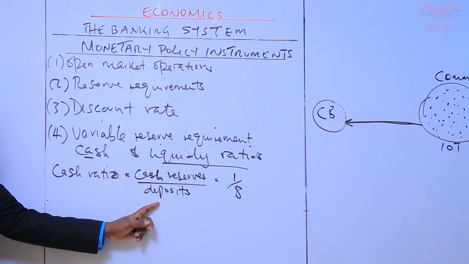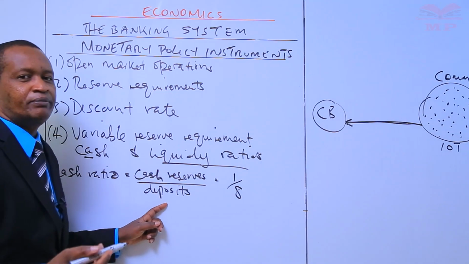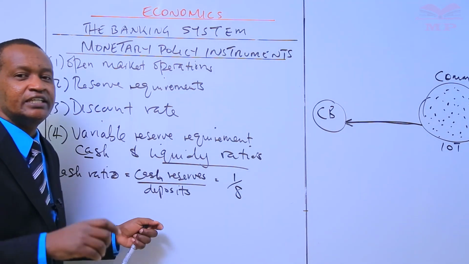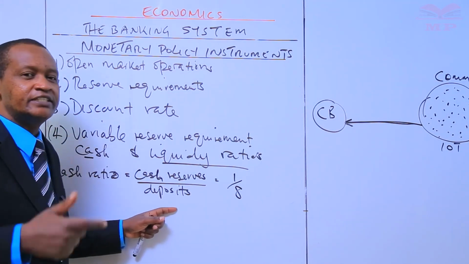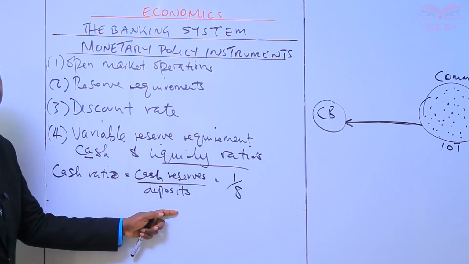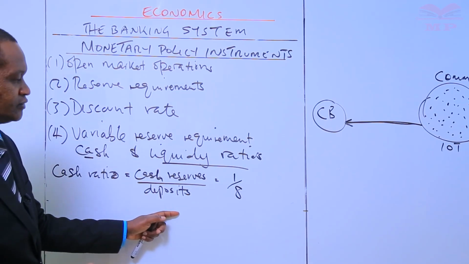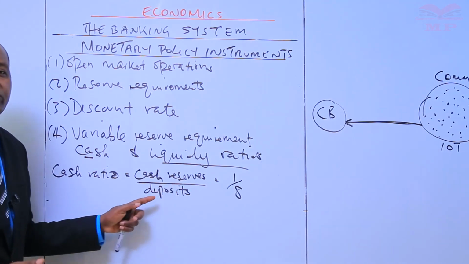And that would mean that the banks can create deposits of up to 8 times the value of their liquid assets. Cash reserves, these are liquid assets.